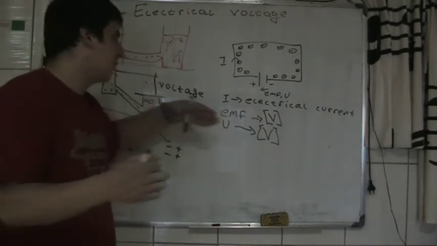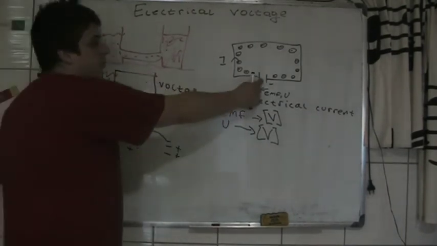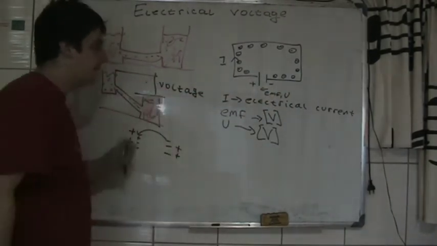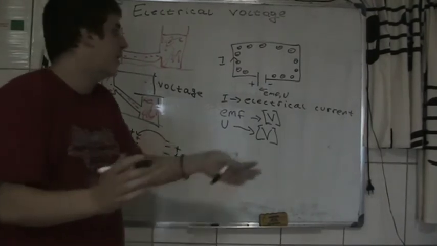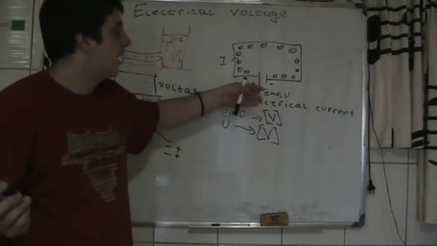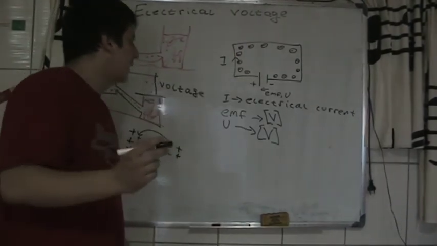The voltage is the potential difference of this positive and this minus sign, and EMF is the force that is going to try to move these electrons from minus to the plus side.